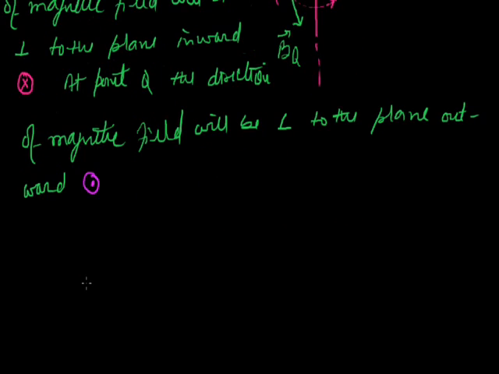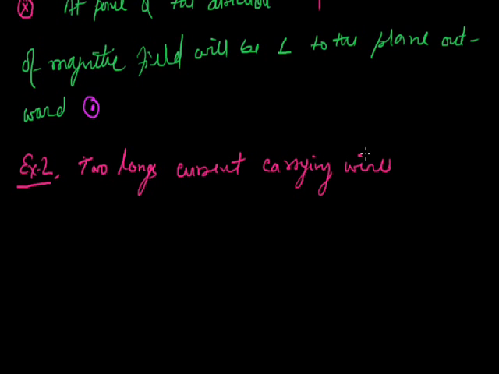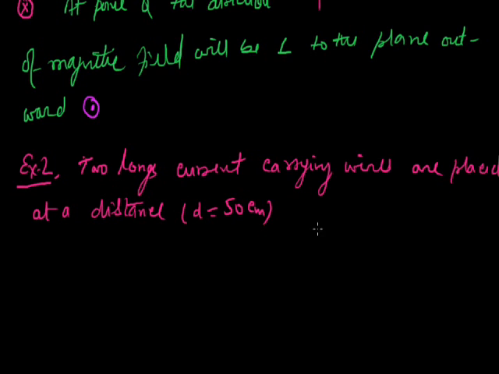Now the second example. Two plain long wires as shown in the figure are placed parallel to each other. Two long current carrying wires are placed at a distance d, that's 50 cm, as shown in the figure.